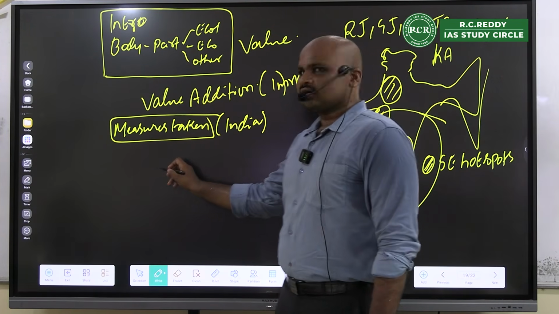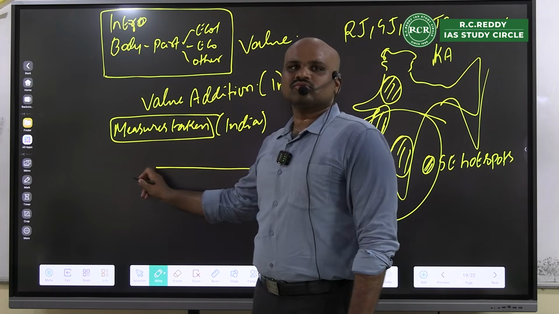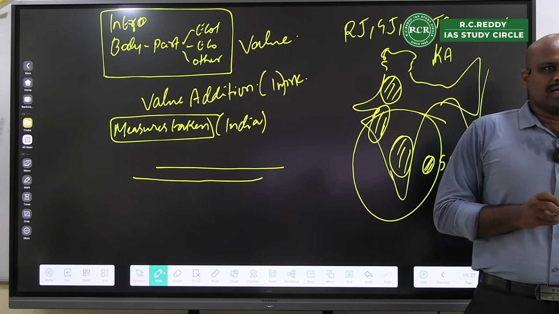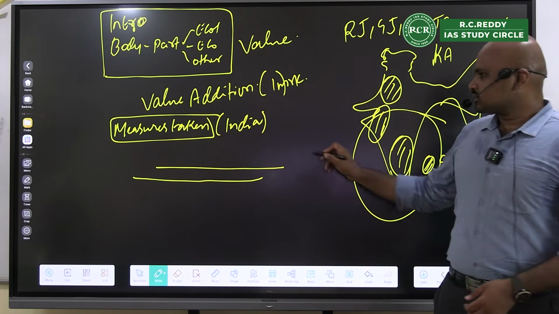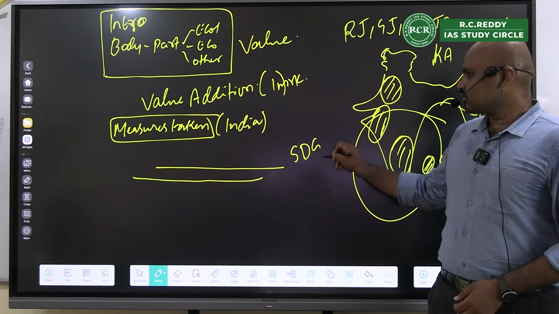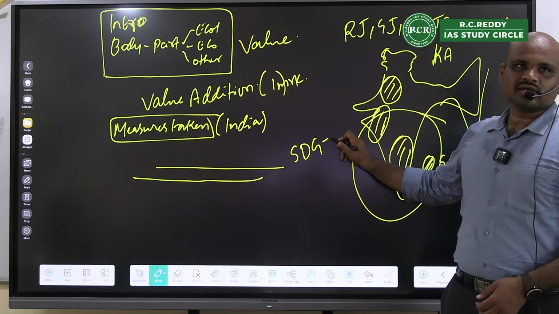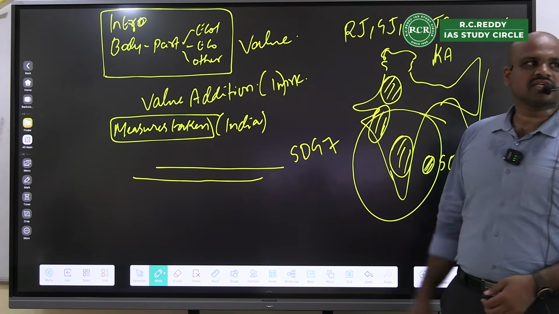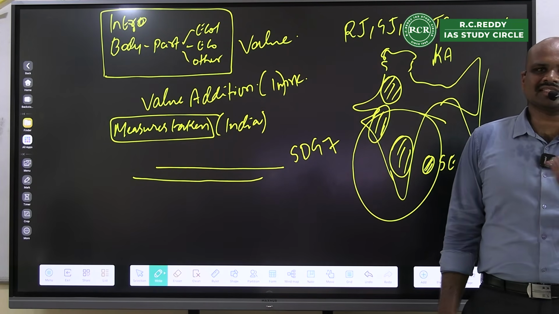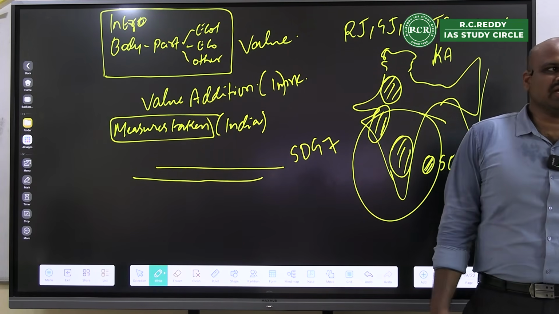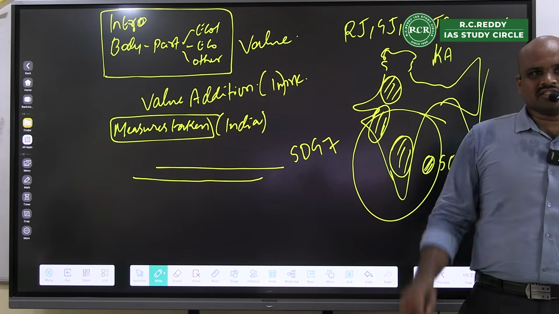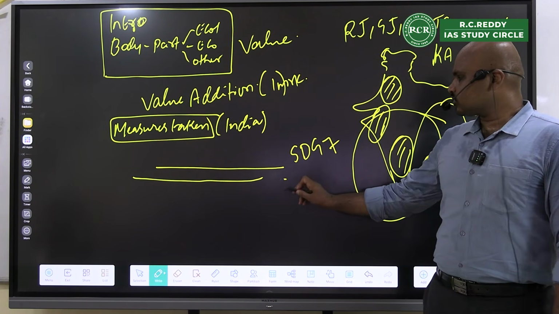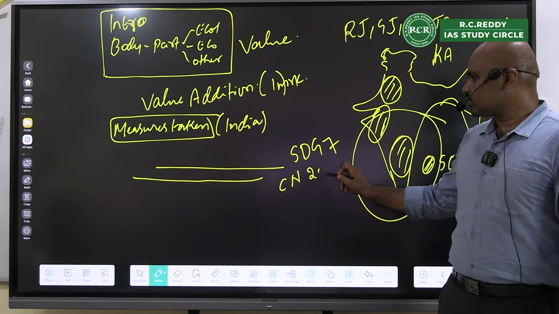Should I leave it here? No. I will have to conclude. What's going to be my conclusion? I can either conclude this answer by using Sustainable Development Goals, SDG 7 or 6? 7. Because 6 is water and sanitation, so SDG 7 is energy. That is one. The other is I can talk about the target of India with respect to carbon neutrality by 2070.